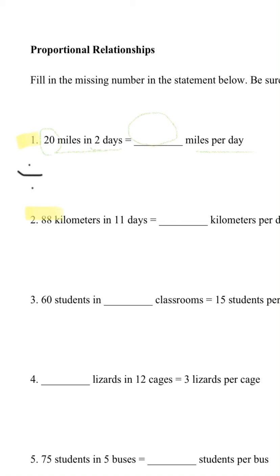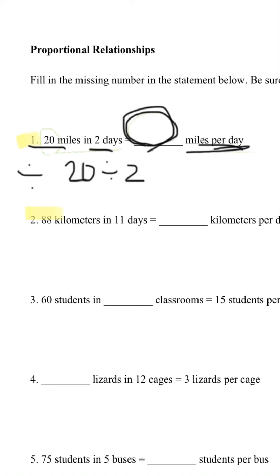Well, in order to figure out the miles that we go per day, we would have to divide 20 miles by 2, right? That would give us the miles per day, right? So then it would be 20 divided by 2, which is 10, correct? So we would go 10 miles per day.